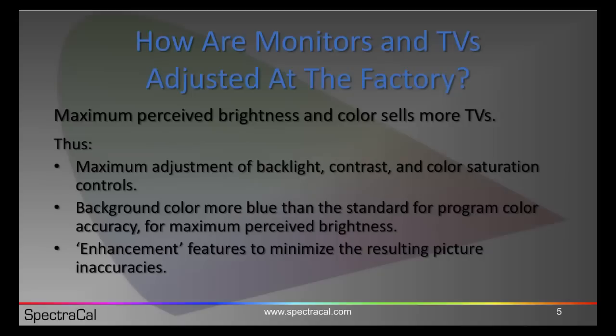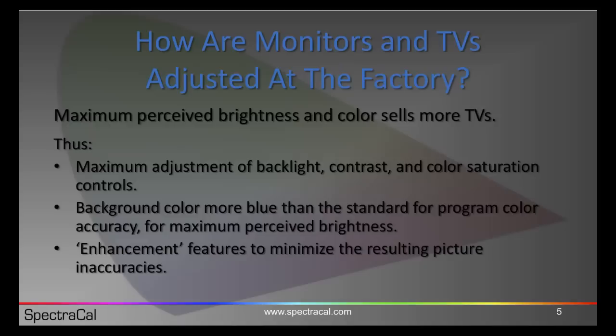Why might you think monitors and TVs aren't calibrated properly at the factory? And how are they adjusted? Well, many years ago, manufacturers learned through research that maximum perceived brightness and color sells more TVs. It allows them to create a unique look for their particular brand of TV, and thus the manufacturers oftentimes provide a maximum adjustment of backlight and contrast.